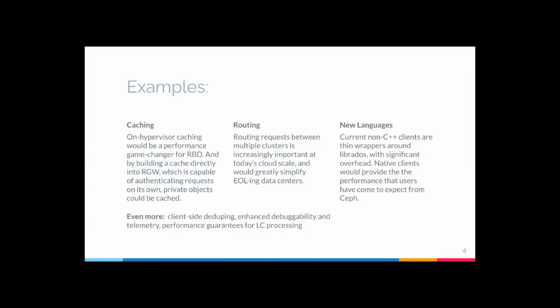I'm not going to go over all the things on this slide because in the interest of time, and it would be boring. But I will say hypervisor caching would be a huge performance game changer for Rados block device. And I'll also say, DigitalOcean uses Ceph, which is basically a thin wrapper for librados.